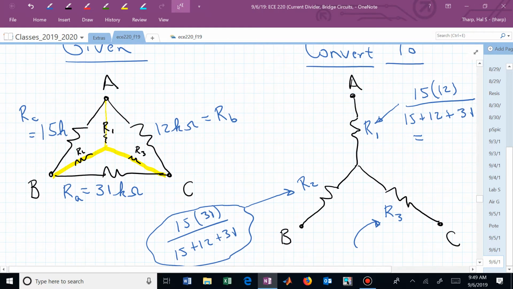If that's now the strategy for finding these resistors, do you see how R sub 2 came about? In the denominator is simply the sum of the three resistors in the delta, and the numerator is the product of the two resistors that R2 would touch relative to node B, which is 15 and 31. What about R sub 3? Can we write down that expression?